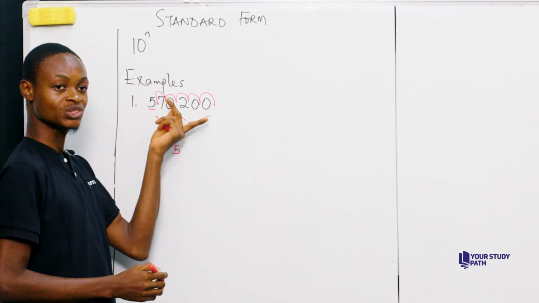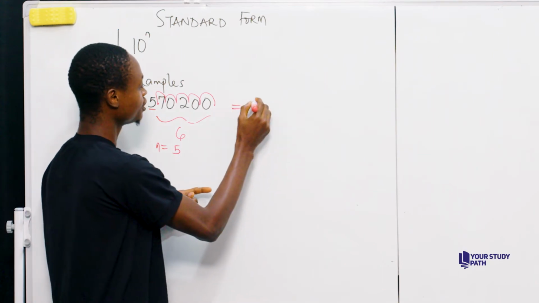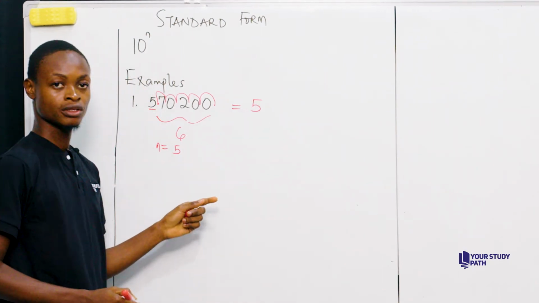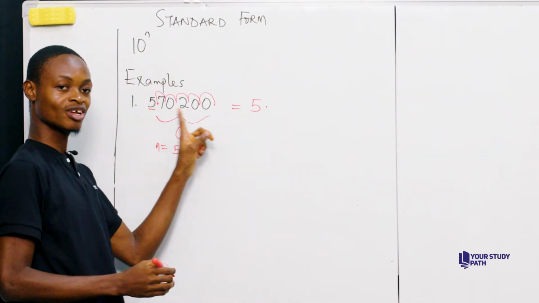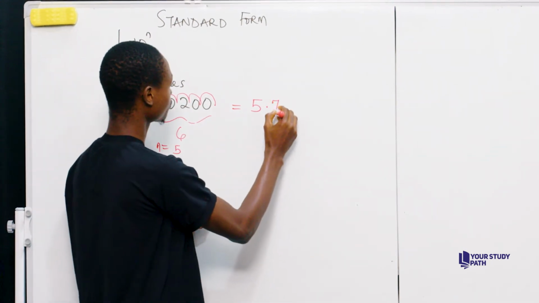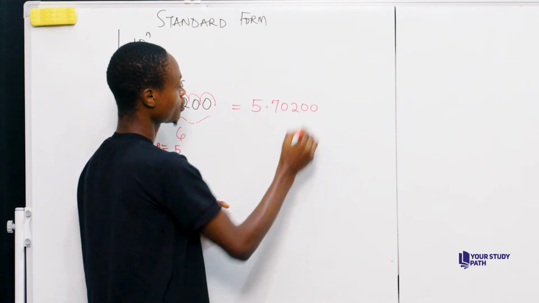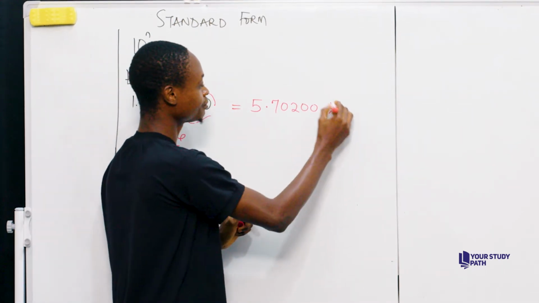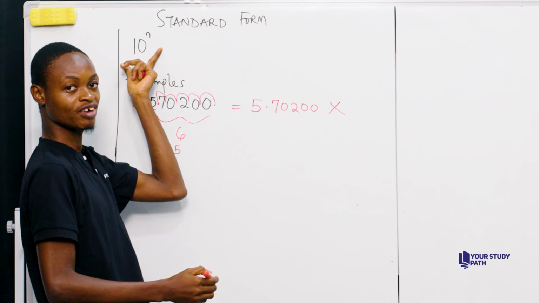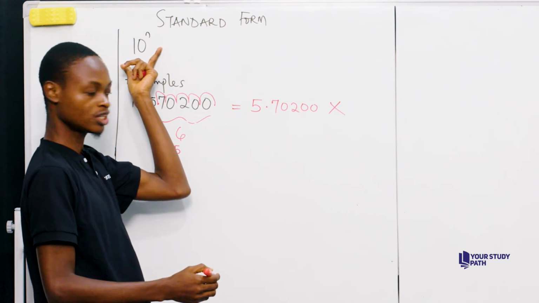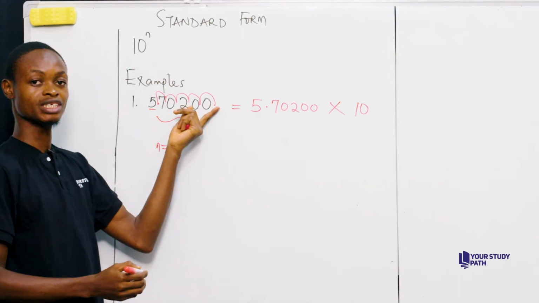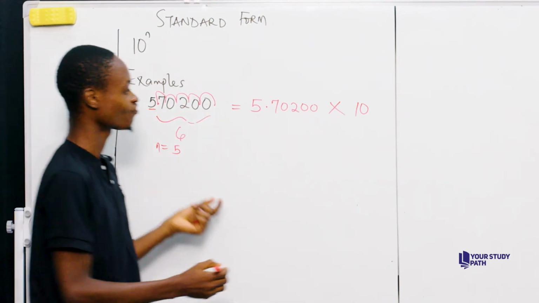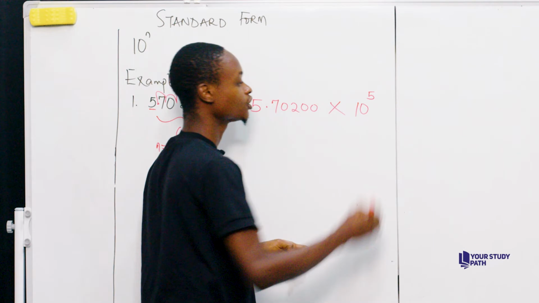So to convert this to standard form, you would have the digit before the decimal point, then every other digit left, right? Then times this, which refers to how many zeros you have been able to save, which is 10 raised to the power 5, because you were able to move the decimal point 5 times. So n is equal to 5. You have this as 10 raised to the power 5.